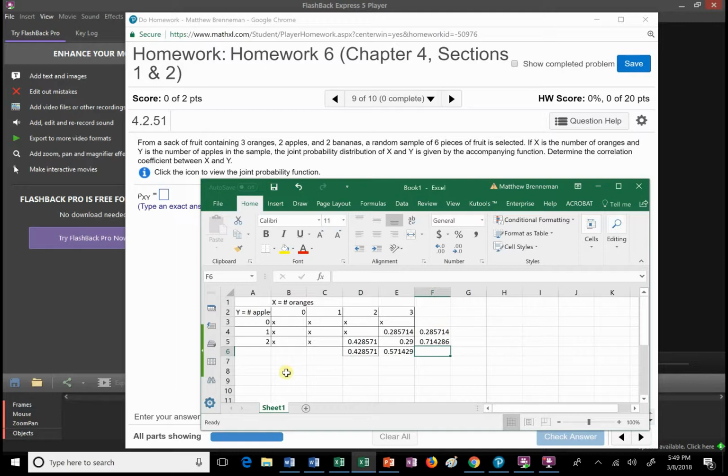Okay. So now, in order to get the correlation coefficient, rho is equal to the covariance, which is the expected value of x times y minus the expected value of x times the expected value of y, divided by the standard deviation of x times the standard deviation of y.